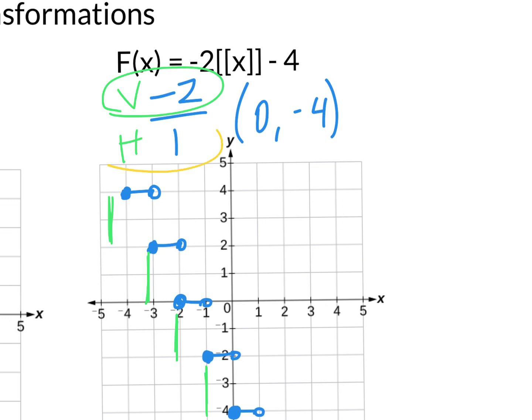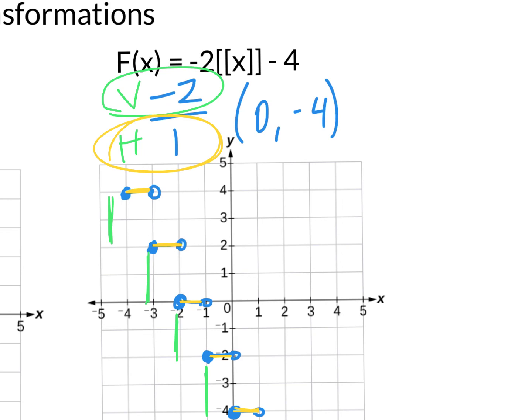And this horizontal component, remember, we don't ever mess with that, but you can really see it in the step function. That's telling you how long this step is. Each of these steps is one horizontal length long, 1 unit in the horizontal direction. If these numbers were different, it would make the steps longer and maybe a different length apart.